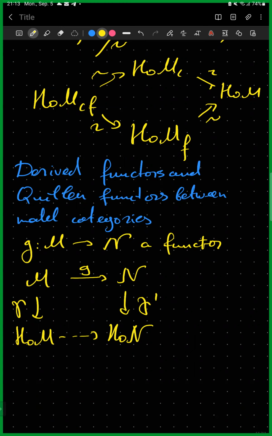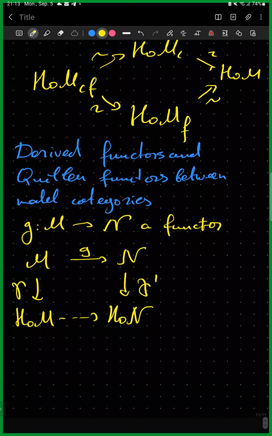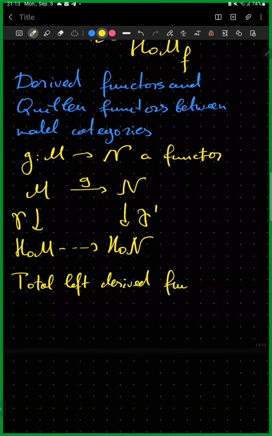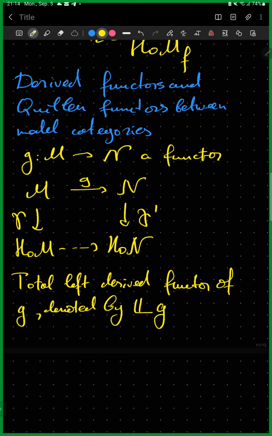So how do we do this? The total left derived functor of G, denoted by this bold LG, is a pair which consists of a functor and a natural transformation.